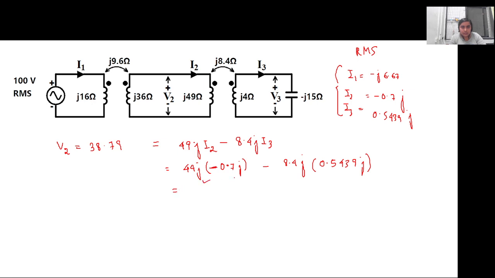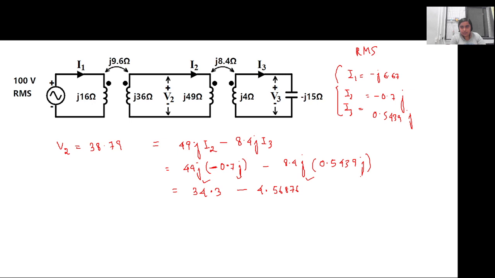So this j and this j will give j squared, which will be equal to minus 1, which will cancel this minus sign. So it will be 49 into 0.7, which is 34.3, minus 8.4 into 0.5439, which is 4.56876.